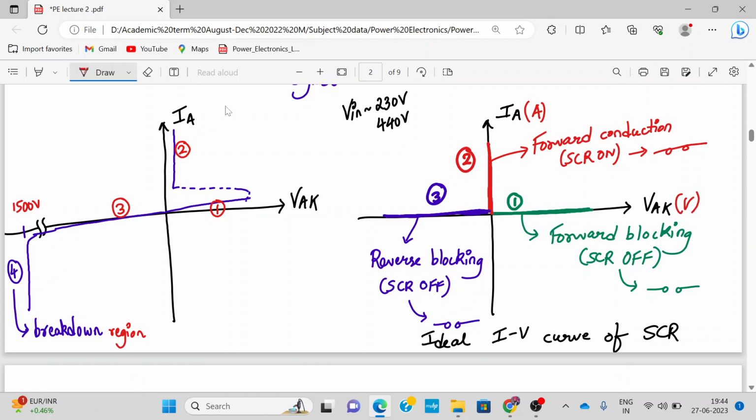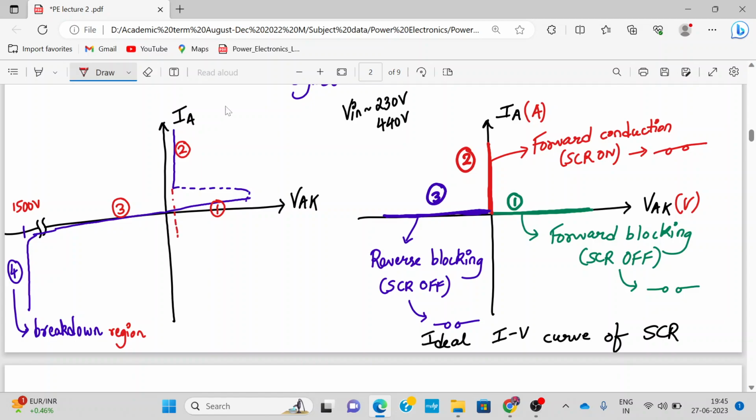So when we talk about region number one, in case of ideal and real IV characteristics, you go on increasing the value of VAK, and there is hardly any current IA. The anode current is very small, in milliamperes, and that's why we have shown it on the x-axis in case of ideal IV characteristics. Now when the SCR conducts, the voltage drop across the SCR is very small.